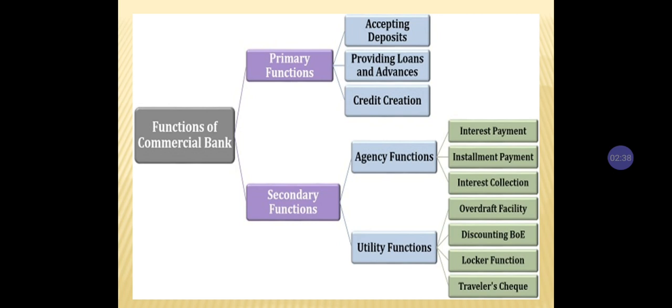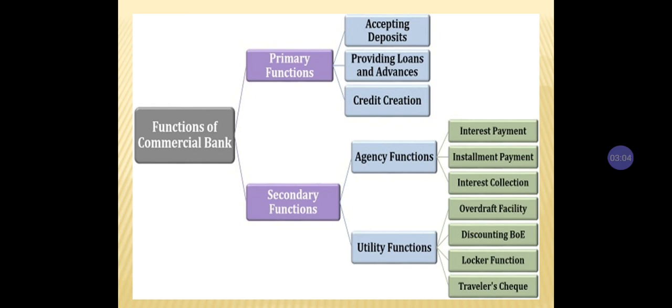Under agency we have 3: interest payment, installment payment, interest collection. Next we have utility functions: overdraft facility, discounting bill of exchange, locker facility, traveler's check. One by one I will explain you in small detail.